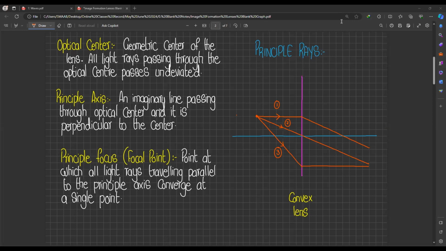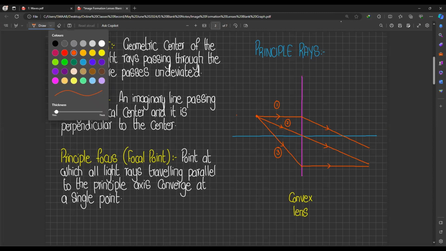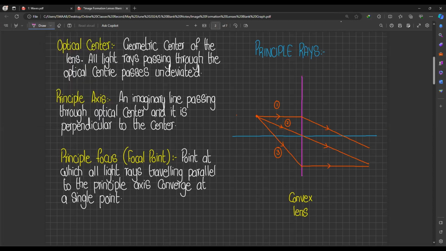We discussed that there are three types of rays that can travel through the lens, and all possibilities are in front of you, showing how these rays move from one side to the other. This point is called the focus point.